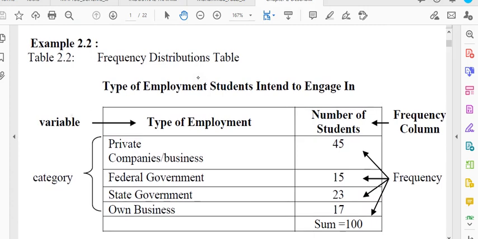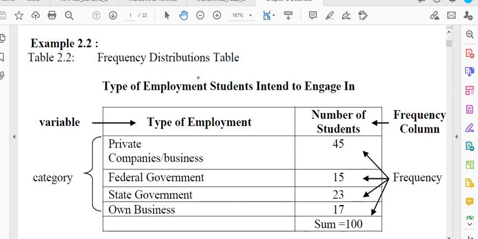First of all, you need to have the variables involved, that is your variable x. In this question it is about the type of employment students intend to engage in. So type of employment, and after that you have number of students, which refers to the frequency.